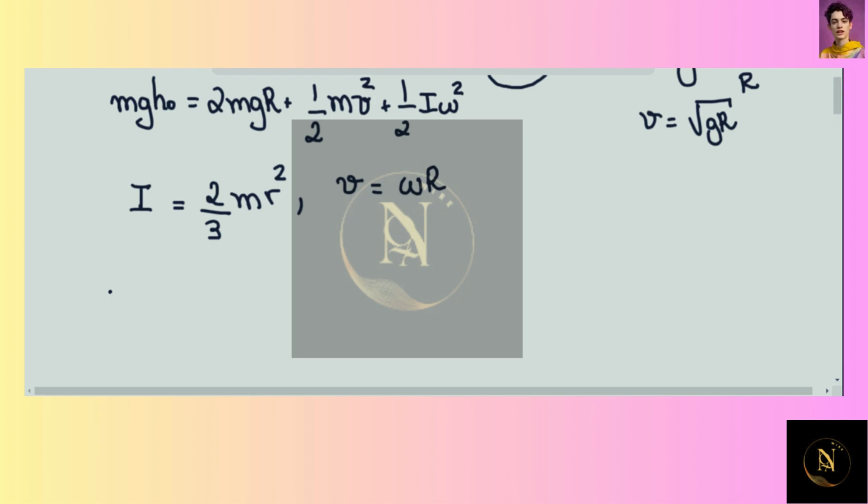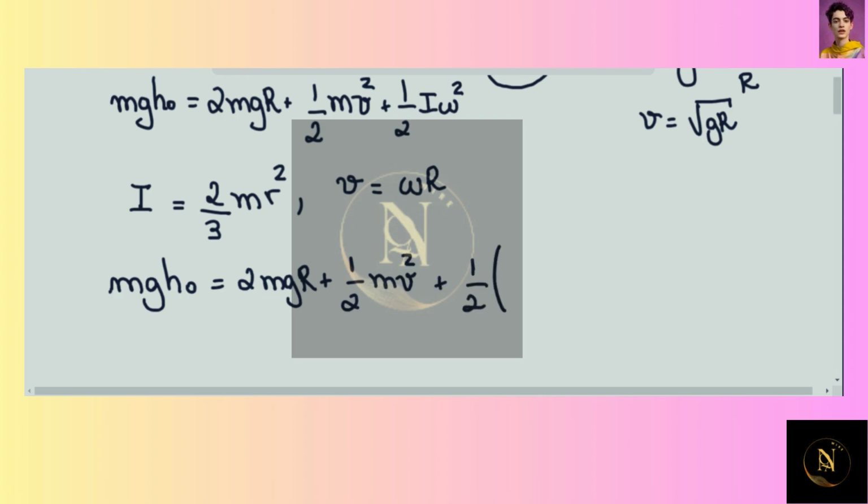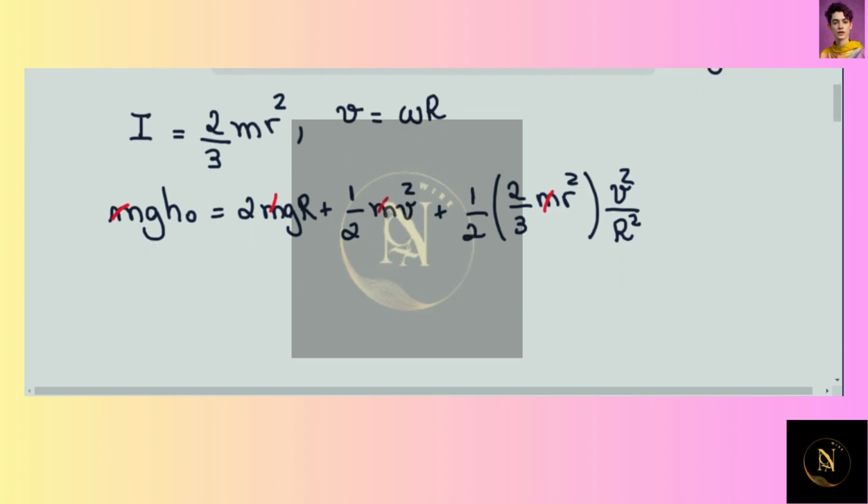Before canceling anything, let me write this as mgh0 is equal to 2mgr plus 1/2 of mv squared plus 1/2 of 2/3 of mr squared times omega squared, and omega squared is v squared over r squared. The m's cancel. Now I'm going to use that v is equal to the square root of gr.